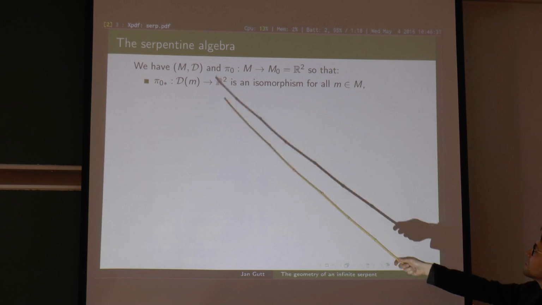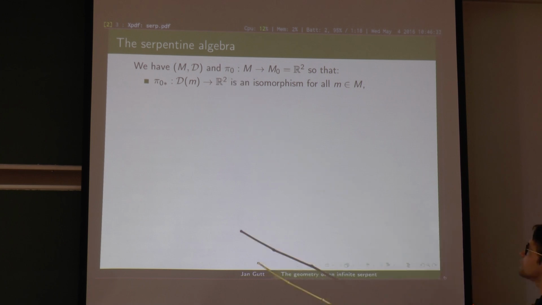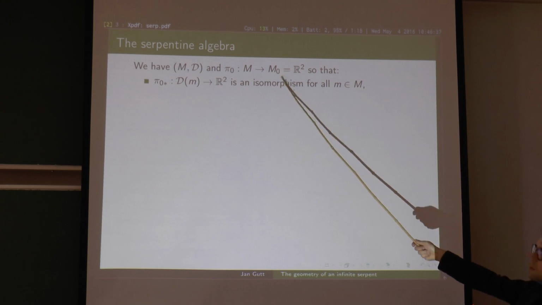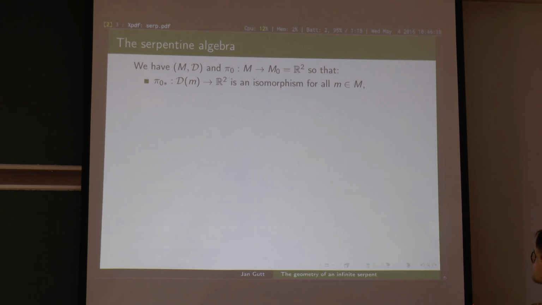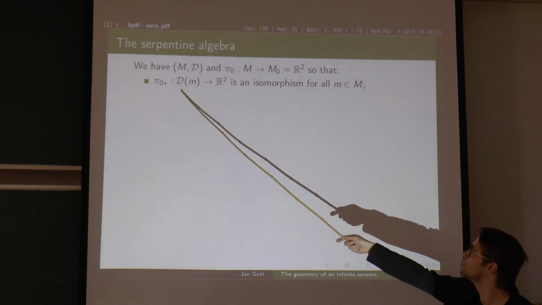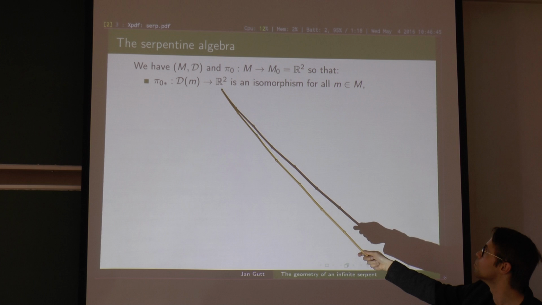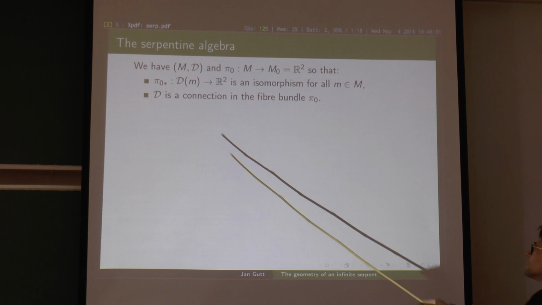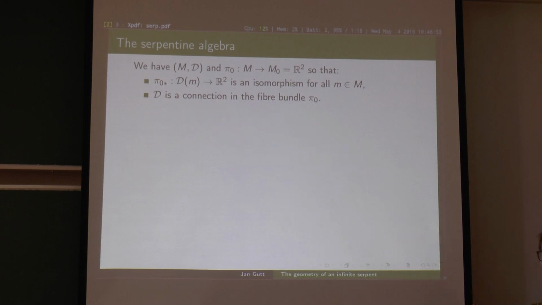So we've got this configuration space of the infinite snake, and in particular, we take the projection onto the head. That's the zero segment snake. So once again, the fibers of the constraint distribution project isomorphically to the tangent spaces to the plane for all points. And this way, once again, this D gives a connection in the fiber bundle pi 0, if you have nothing against fiber bundles with infinite dimensional fibers, of course.